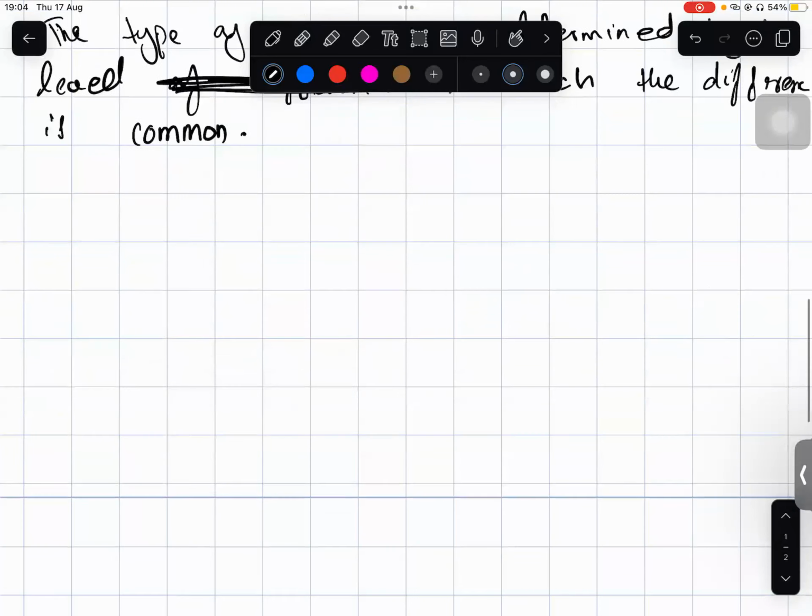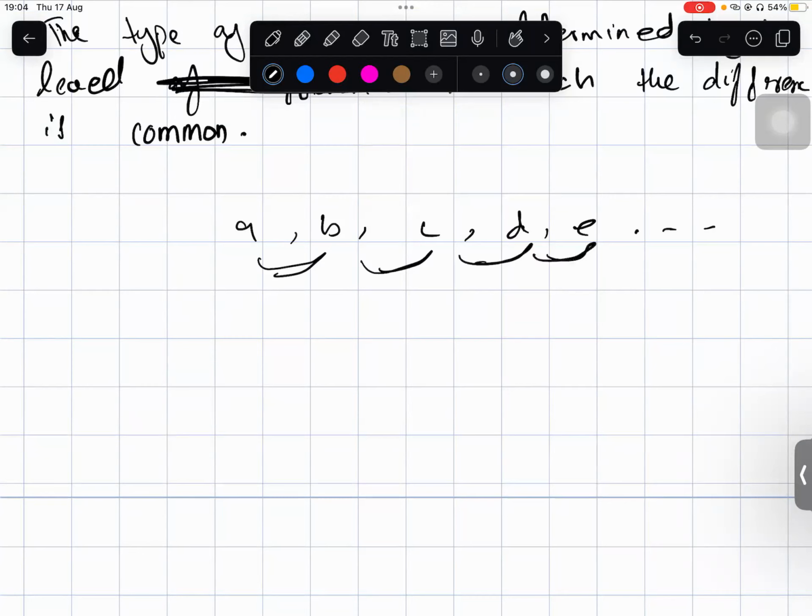So for example, if you have any sequence A, B, C, D, E, and you look at the difference between these terms, if the difference is the same, for example it is +3, +3, +3, +3, then this would be your D1 or your level 1 difference.